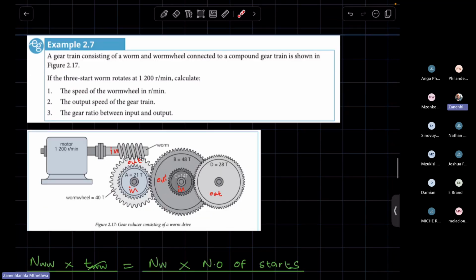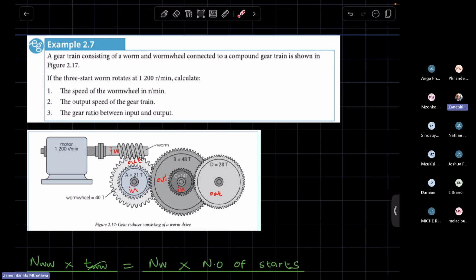So it makes sense in that sense. Why? Because the input shaft is rotating at 1,200 revs per minute. So the drop from 1,200 to 19,688 revs per minute is a significant one.